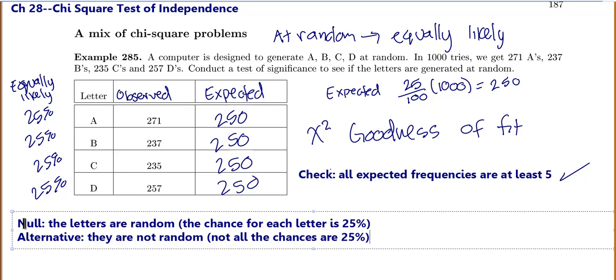Now, maybe just one is off, although people paying attention will tell me it has to be at least 2 that are off, because if one is low, one would have to be high, since they all add up to 100%. So maybe 2 are off, maybe 3, maybe all 4. We don't really know, just that they're not all 25%.